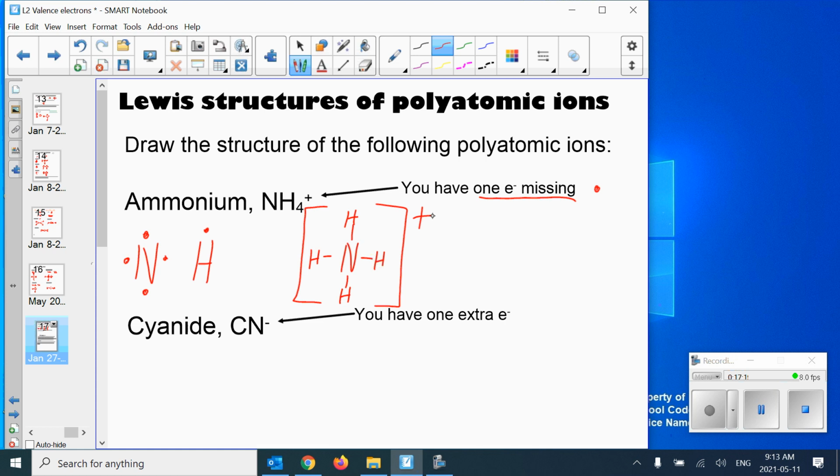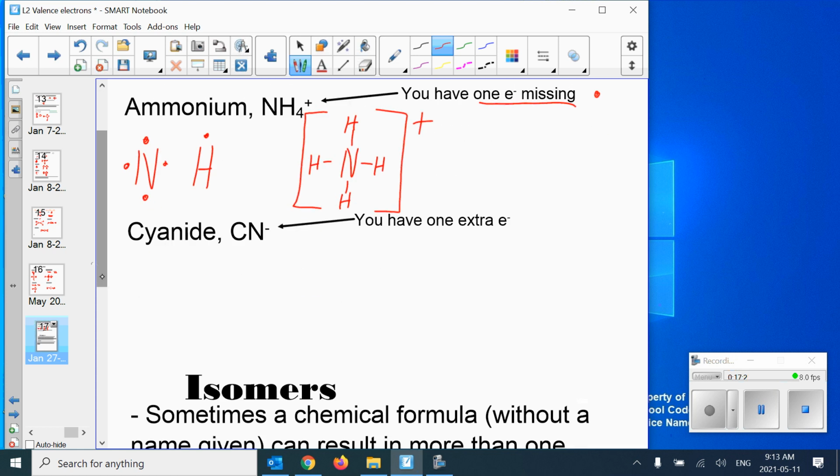How about cyanide? Something exciting. That one extra electron when you have a negative. I'm going to put that extra electron here for a moment. We'll see. So normally, C, 1, 2, 3, 4, N, 1, 2, 3, 4, 5.